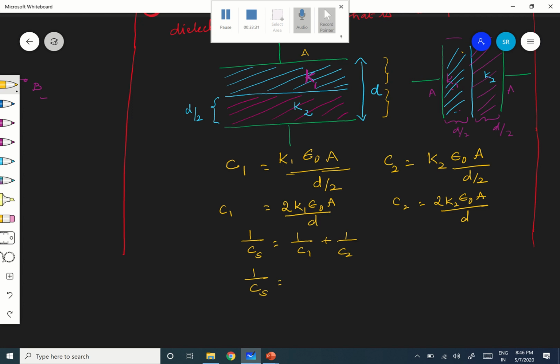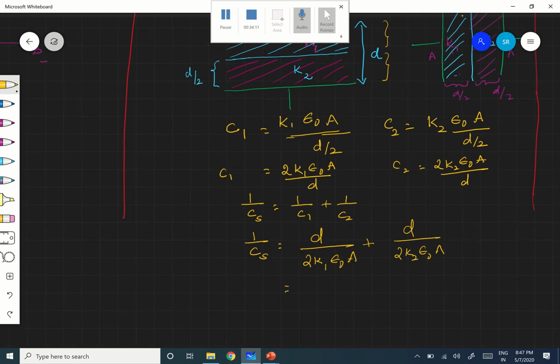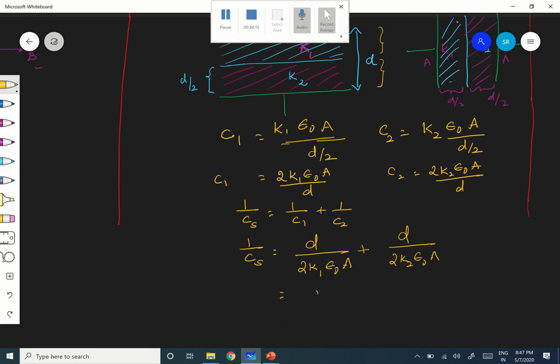1 by Cs is equal to, now 1 by C1, therefore it is D divided by 2K1 epsilon naught A, plus D divided by 2K2 epsilon naught A. Therefore you will be getting D divided by 2 epsilon naught A common, so 1 by K1 plus 1 by K2.